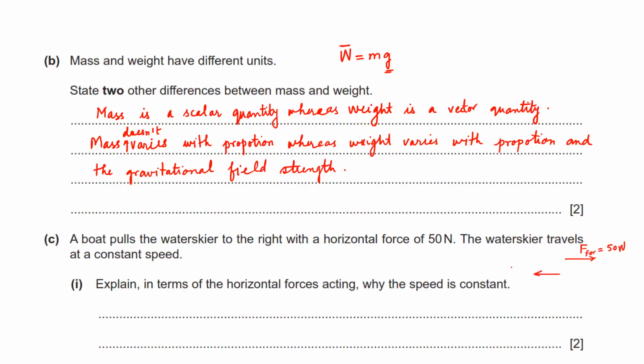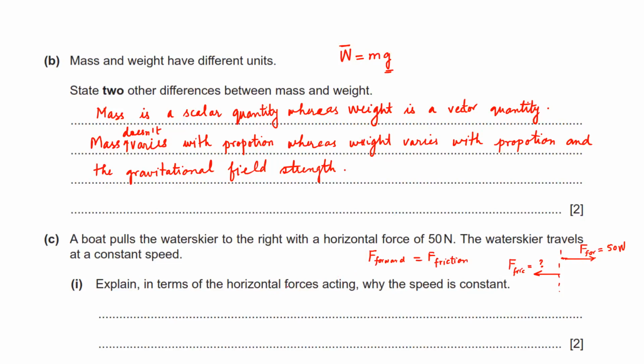And the force of friction that is acting, we don't know it, but since it is moving with a constant speed, it means that the forward force is balanced by the force of friction. And that is why the water skier is moving with a constant speed.